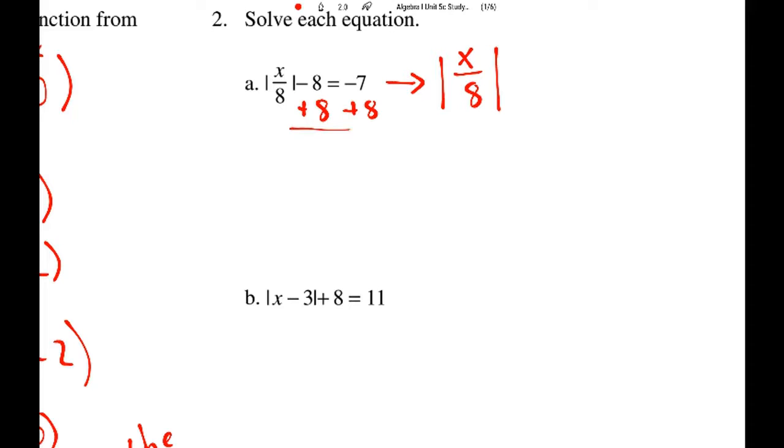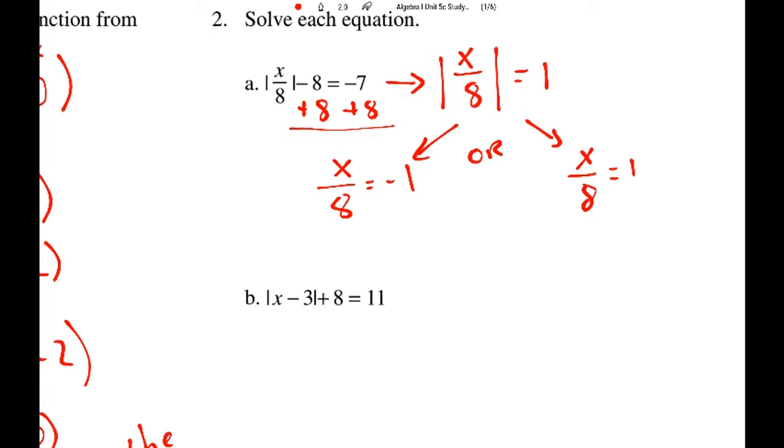Negative 7 plus 8 is 1. You have the box all by himself. So now just write your disjunction, which again is an or statement. So you have x over 8 equals negative 1, or x over 8 equals positive 1.